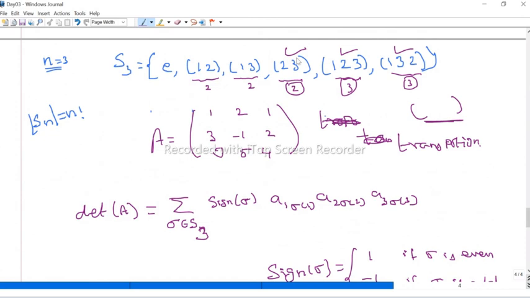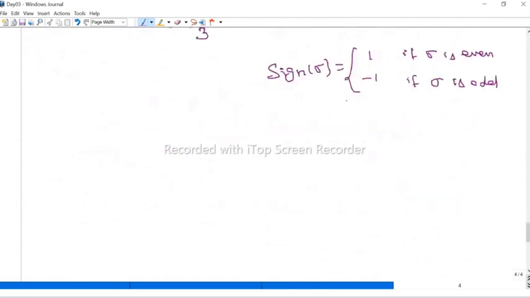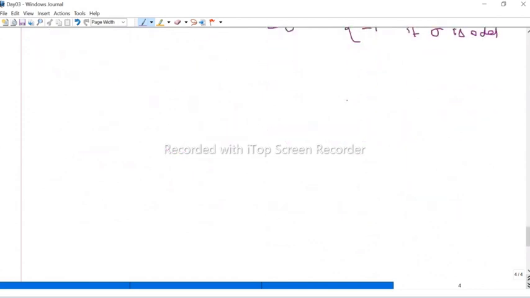Okay, now we define an even permutation. This all comes under algebra, but anyway.